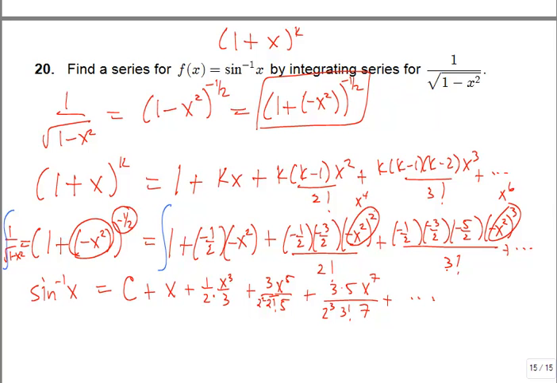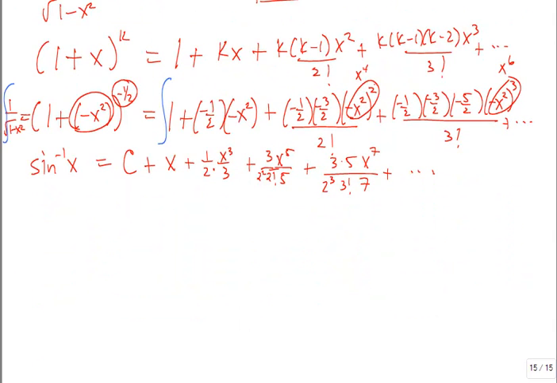Now we have this c in there, so let's find out what c is by using an x value. We know that at 0, inverse sine of 0 is equal to 0. And if I plug in 0 onto this right side, all of these terms go to 0 except for the c. So that forces c to be 0.